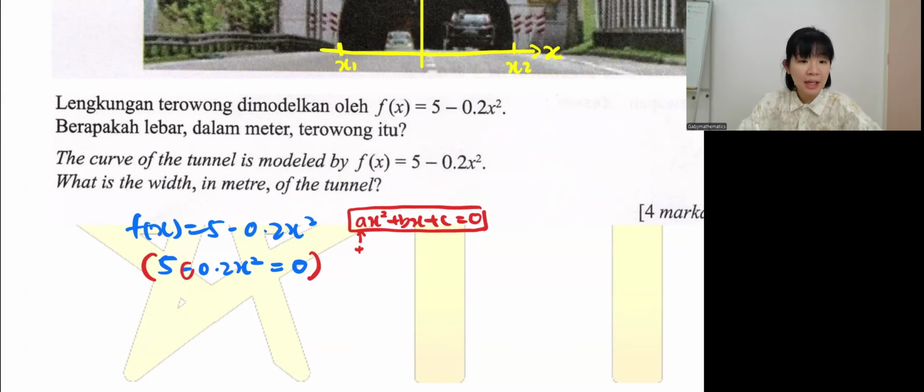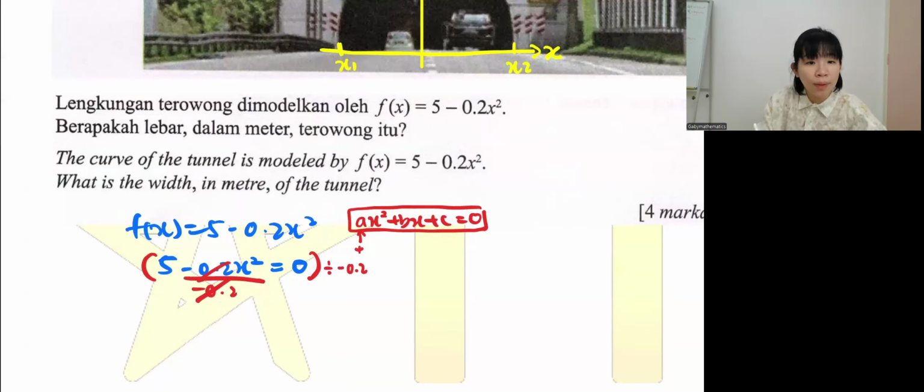I want to make negative become positive, and I want to make this become 1, a whole number. So we can divide by negative 0.2. If I divide by negative 0.2, this will become 1. Understand? So everything divided by negative 0.2. 5 will become 5 divided by negative 0.2, so we get negative 25.